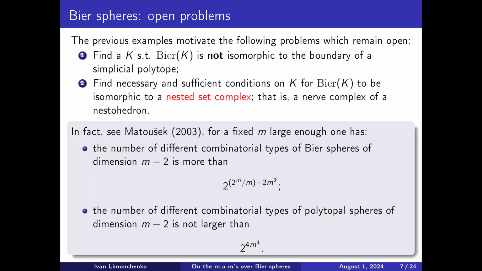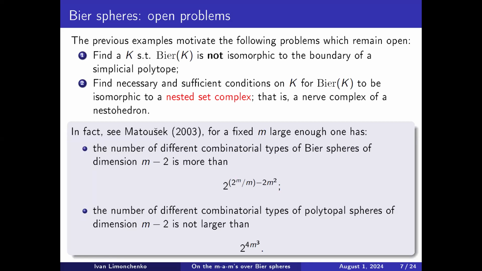But you see in this slide that there is a nice result about enumeration of different types of Bier spheres and enumeration of polytopes. And actually, this enumeration shows that non-polytopal Bier spheres exist. And moreover, the majority of Bier spheres are non-polytopal.